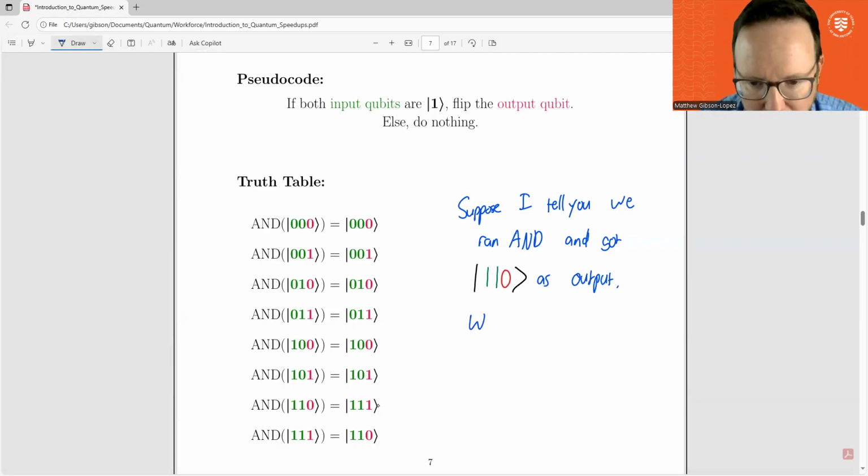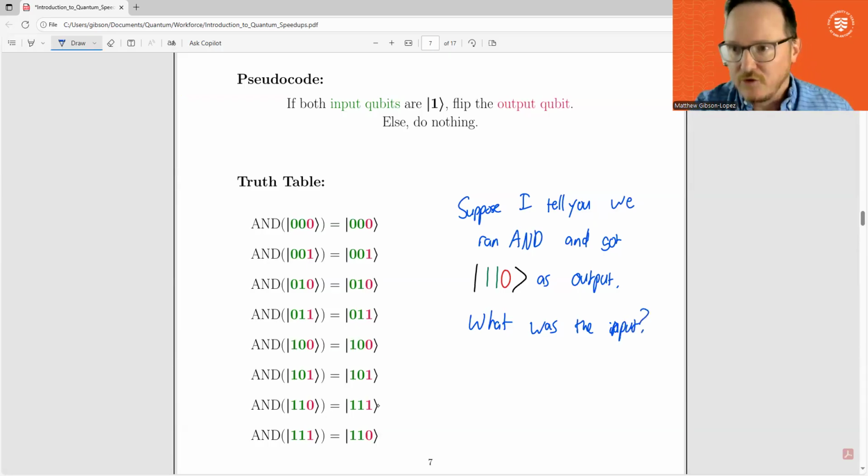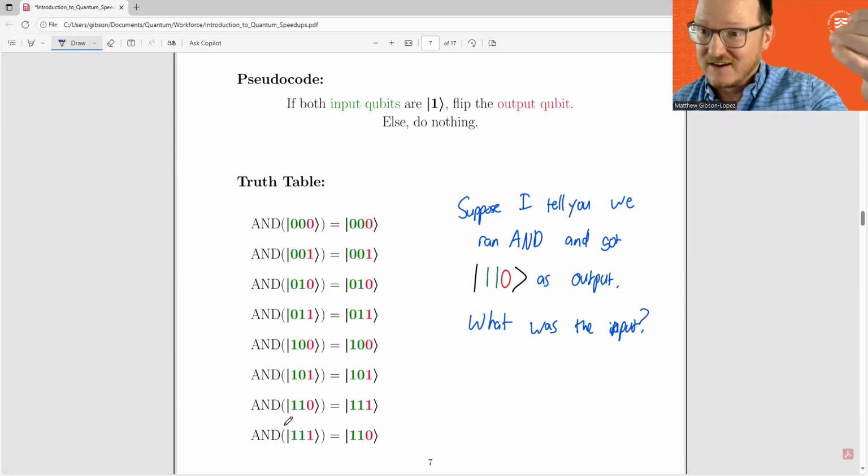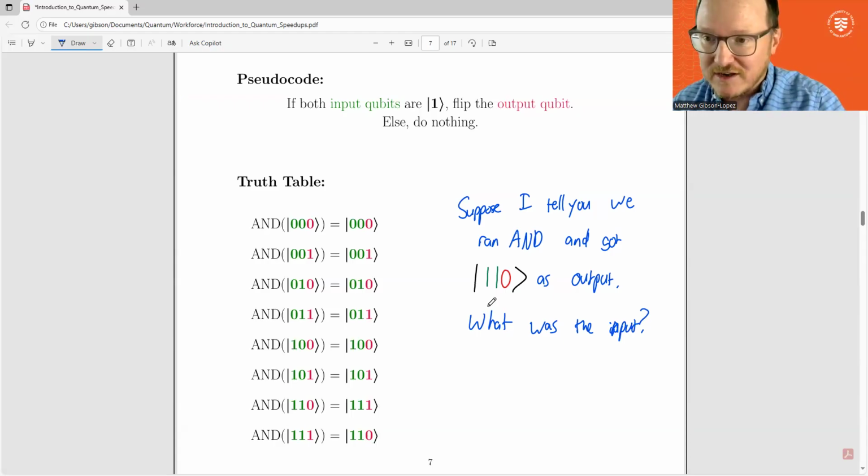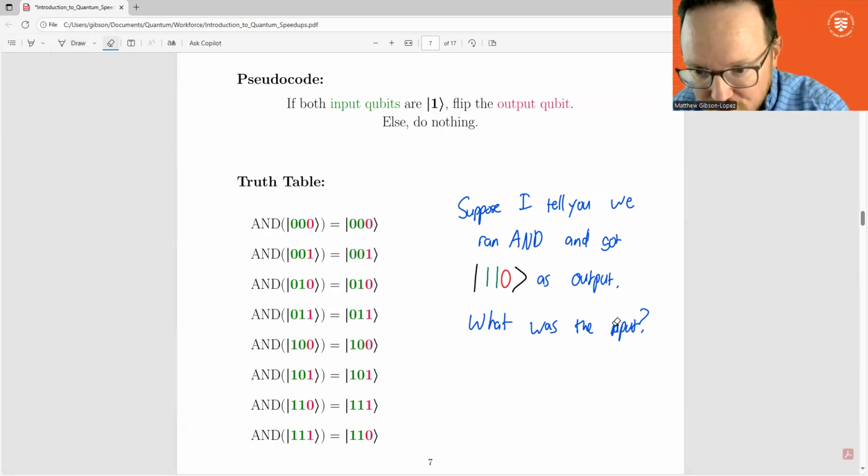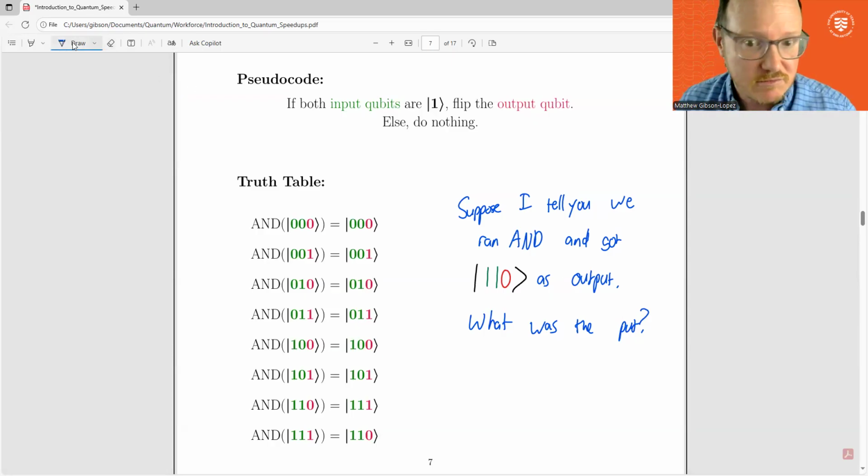What was the input? Well, the input qubits are part of the output. The two green input qubits are part of the output, so I can look and see what the green qubits are.